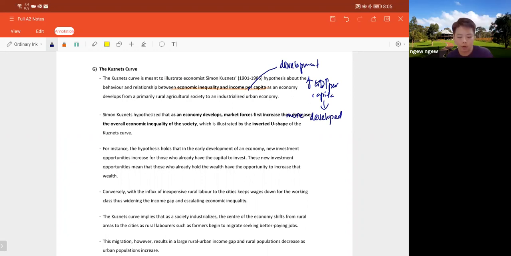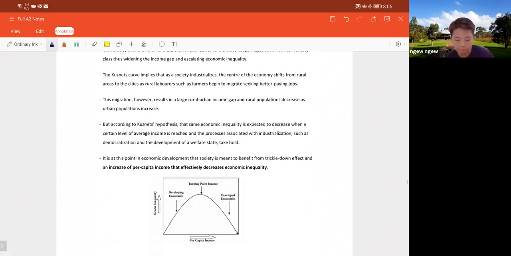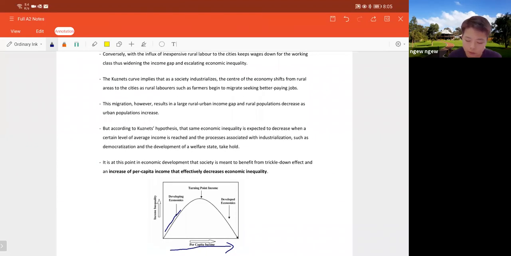So now, according to this Kuznets curve, we look at this part here. This is the diagram. So you see, according to Kuznets curve, when the GDP per capita rises, initially your income inequality will rise, but come to one point, your income inequality will fall. So they mention what is the reason here, yeah?